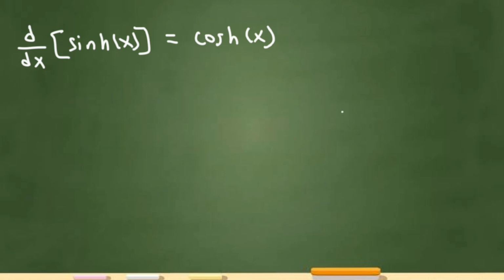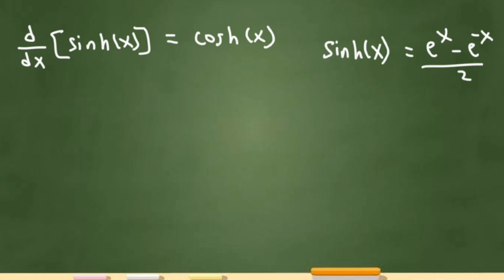Now let's prove the derivative. If you recall, hyperbolic sine is e to the x minus e to the negative x over 2. Let me make sure I have the right formula, because sometimes my memory may fail me.